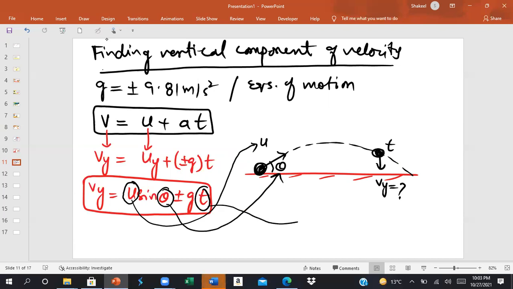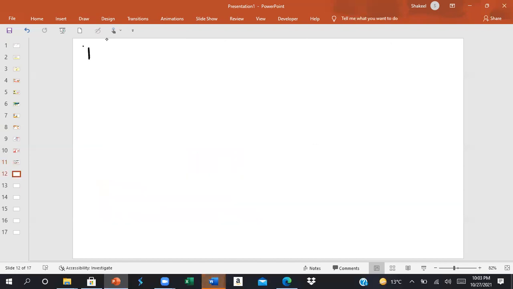And this t is this time, which is given. And over here, you will use g as minus 9.81 meters per second squared, as initially its direction is upward. Using these values and this equation, you can find the vertical component of velocity. The next thing is finding the total or net velocity at any point.